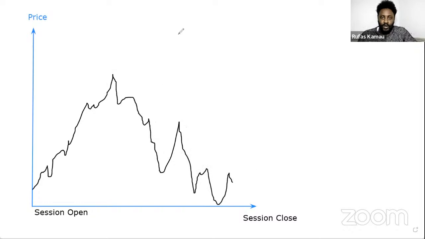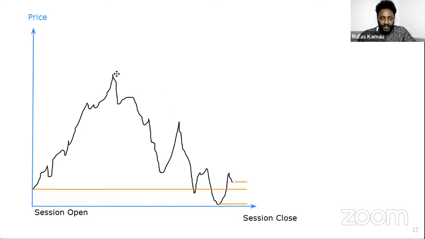Now, when you're doing your summary, as usual, you mention 4 prices. That's our opening price. This is our lowest price here. Not drawn to scale.